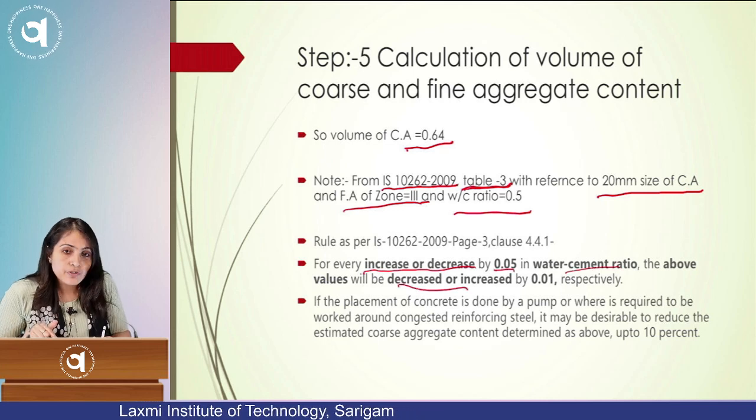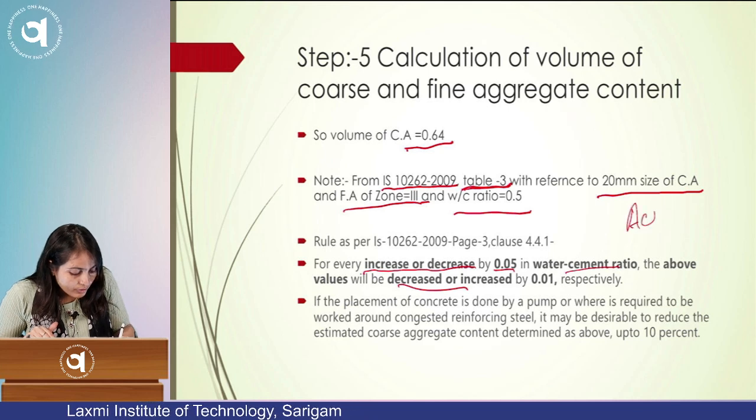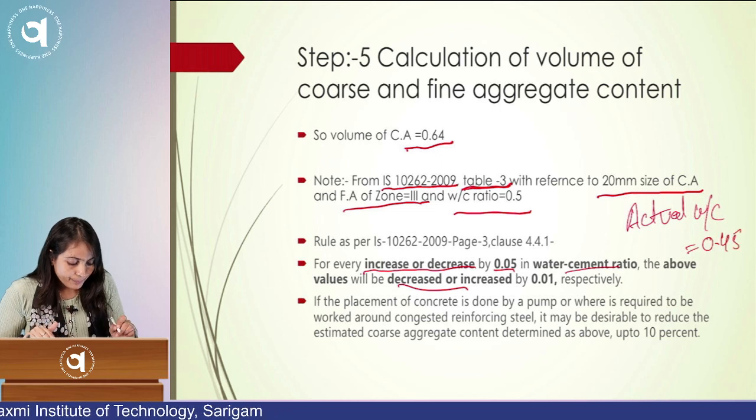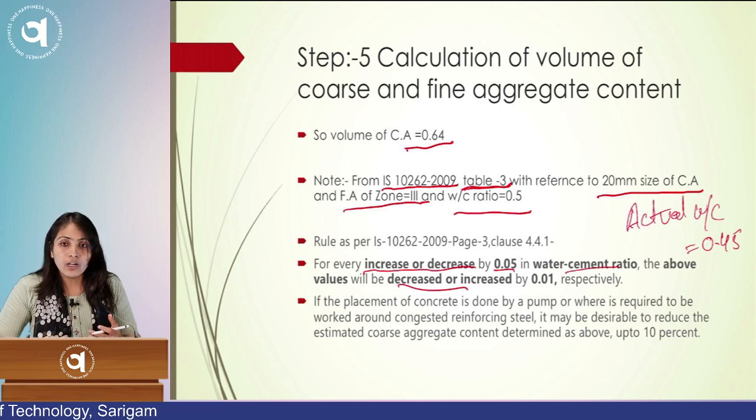Here your water cement ratio in the table is 0.5, but the actual water cement ratio is 0.45. It is said that if you increase the water cement ratio, your coarse aggregate will decrease. It is inversely proportional.